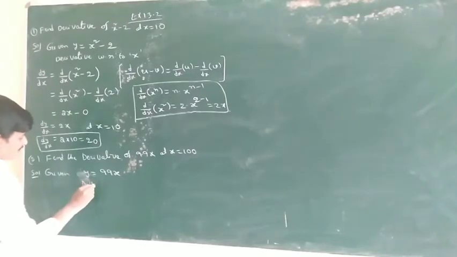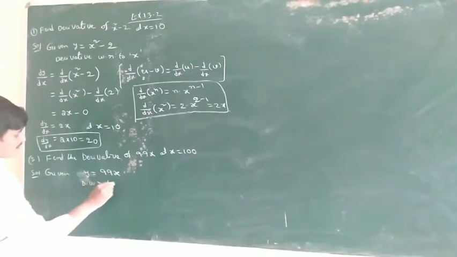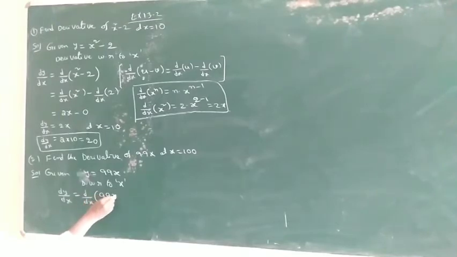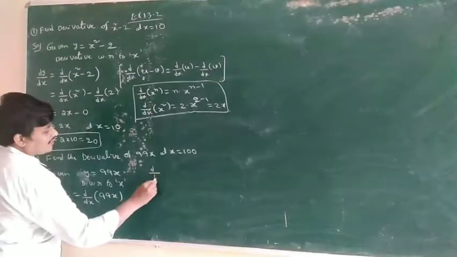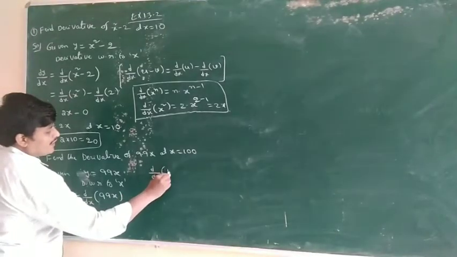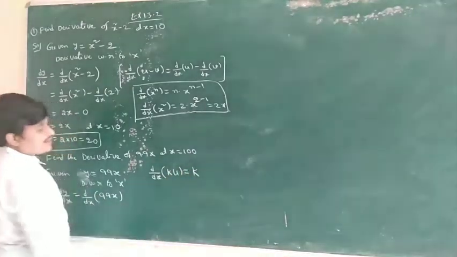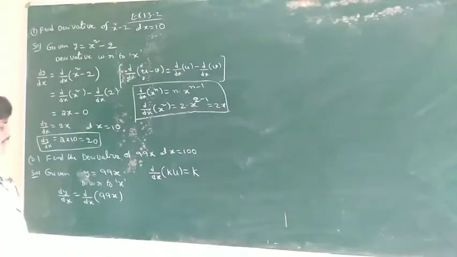So derivative with respect to x. So y derivative dy by dx is simply d by dx of 99 into x. This is the formula of derivative of d by dx of k into u is equal to k, a constant, into u, a function.